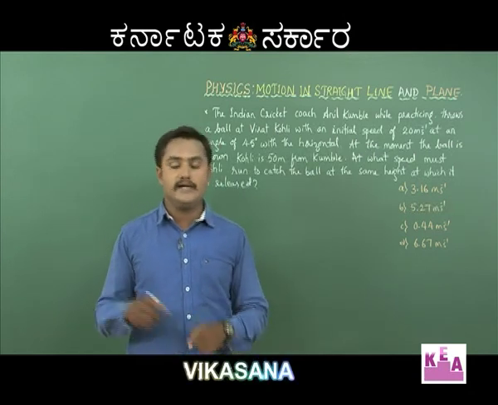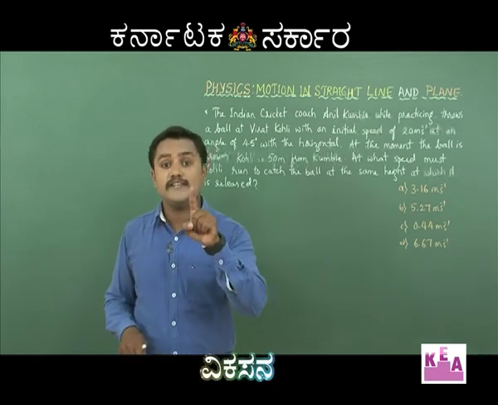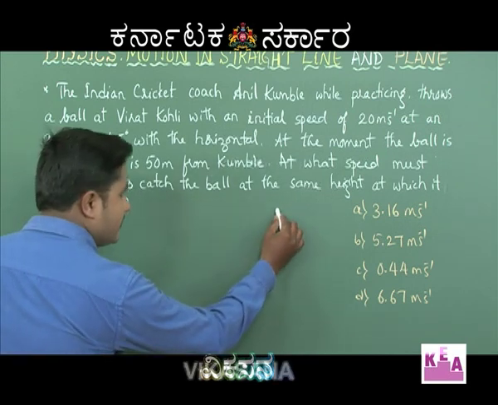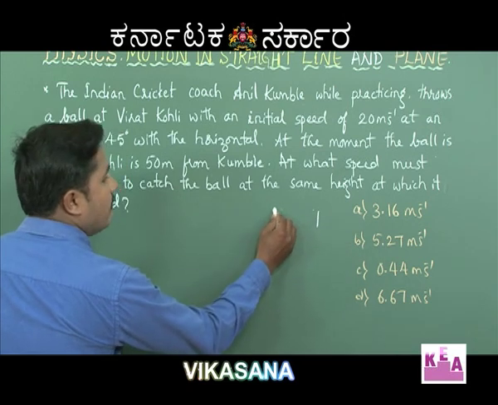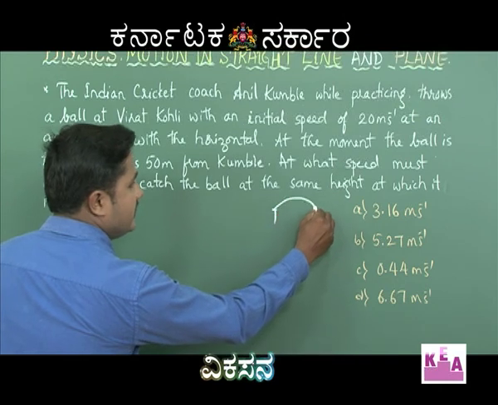So let's first calculate the distance covered by the ball, that is the horizontal range. A small diagram may help you. It's quite obvious. If Kumble is here and Kohli is here, and this is where the ball is released, it follows a parabolic path and finally it reaches Kohli.